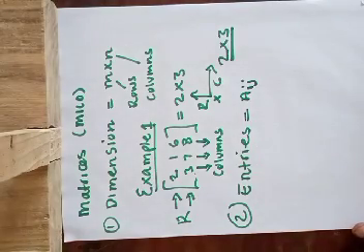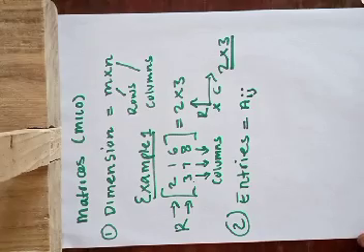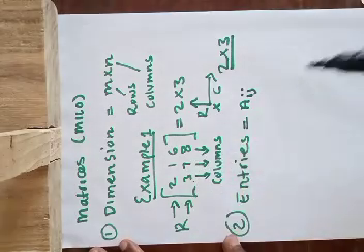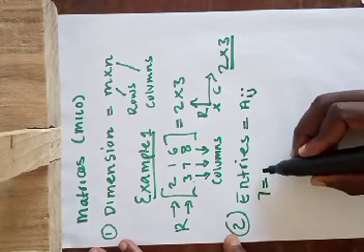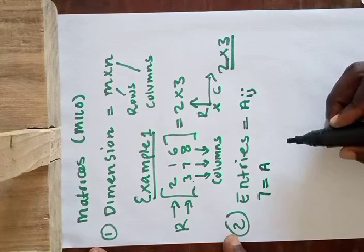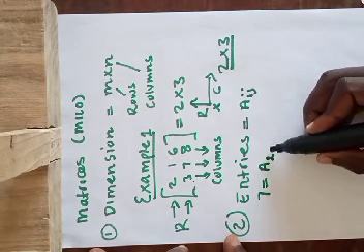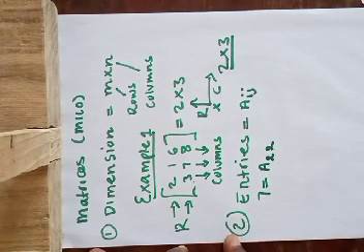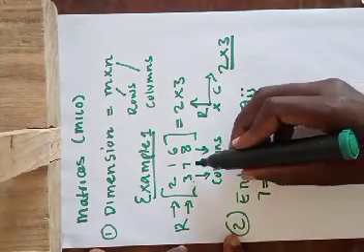So let's say we are interested in finding the number 7. Have you seen where 7 is? In matrix A, it is in the second row and the second column.